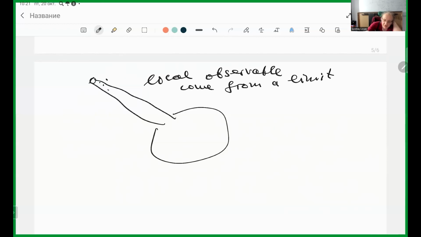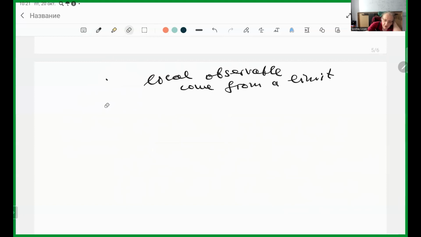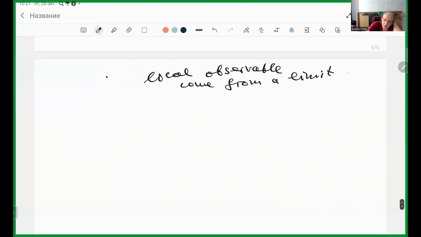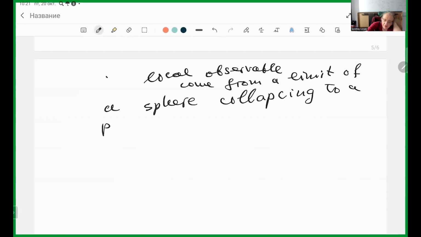Sorry, maybe this picture is not good enough. Of a sphere collapsing to a point. It's not a point. It's a sphere collapsing to a point.